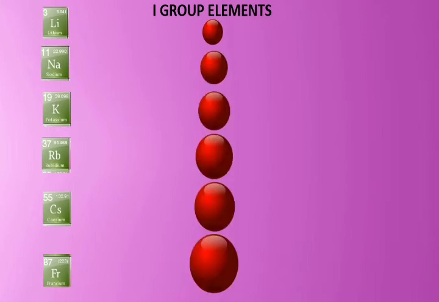First we are going to study the periodic variations in a group. For that, first group elements are taken as an example. To explain this, their atomic size and atomic structures are given here.